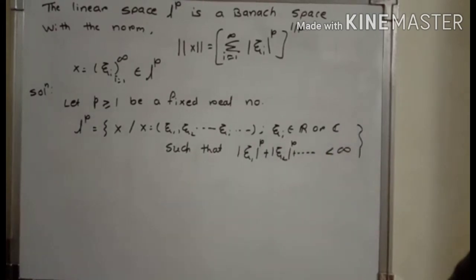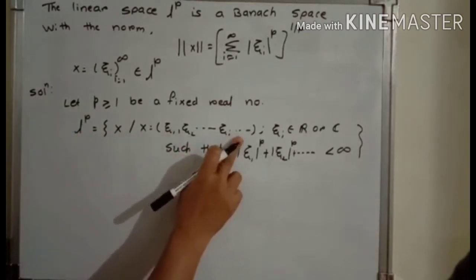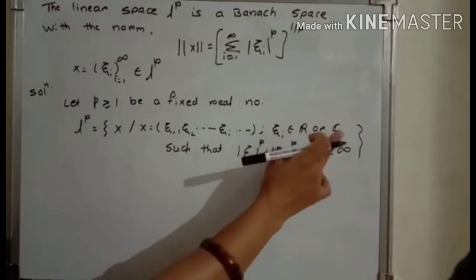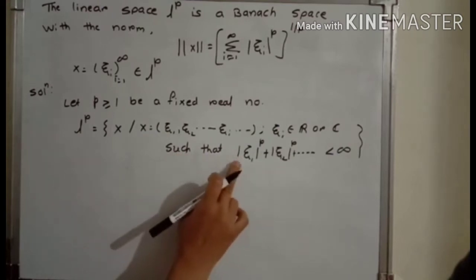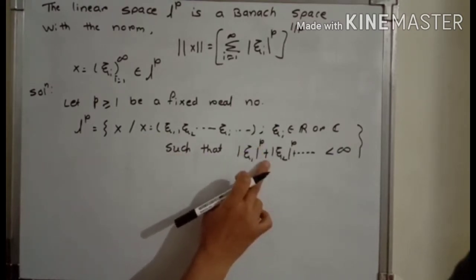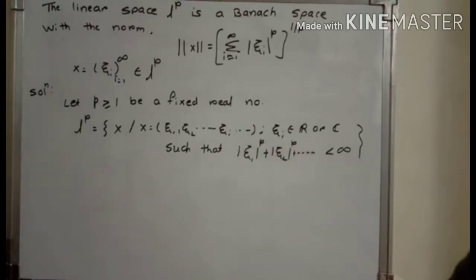This is the definition of the ℓp space. That means every element in this space is an infinite sequence of either real or complex numbers satisfying the condition that |ξ1|^p + |ξ2|^p + ... is less than infinity.